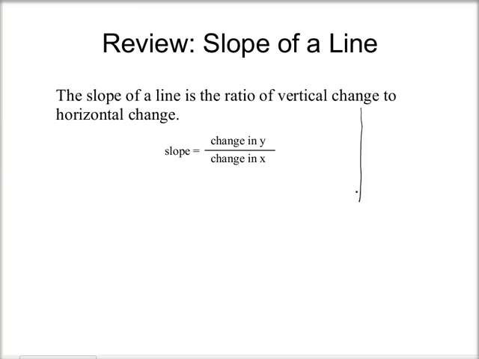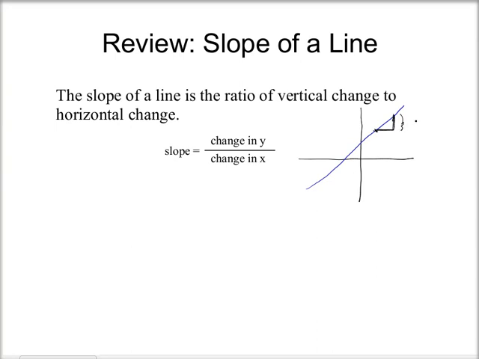So if I've got 2 axes here and I draw a line on my axes, then I can figure out the slope by looking at a section of my line, say from here to here, and drawing the triangle like this.